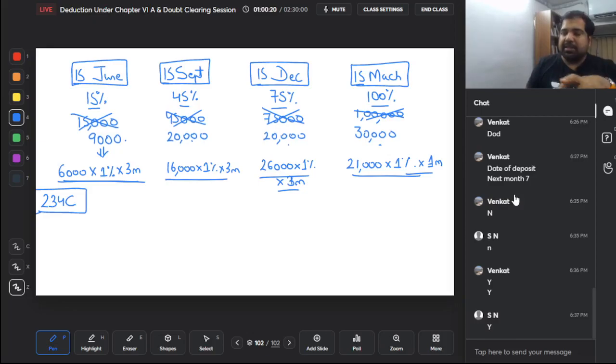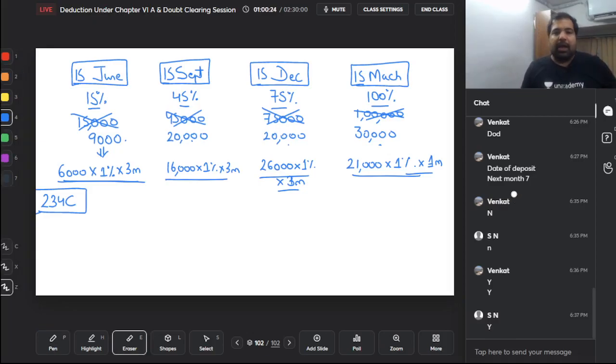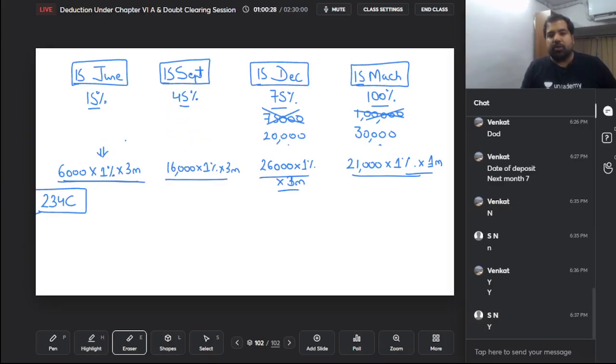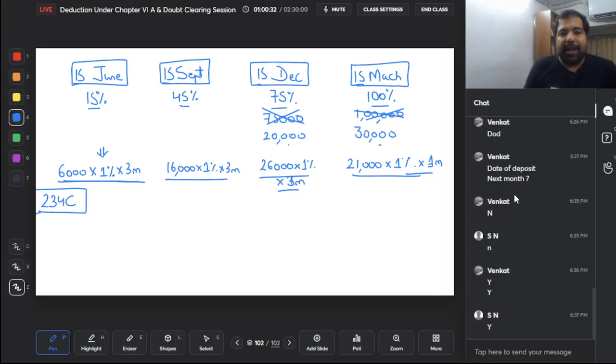But the government understands that it's very difficult to estimate your income at the start of the year, and hence the government says, listen, for just these first 2 installments, we are giving you a concession that you can pay up to 12% and here up to 36%. What is this concession? Let me explain. You were supposed to pay 15%, that is 15,000.